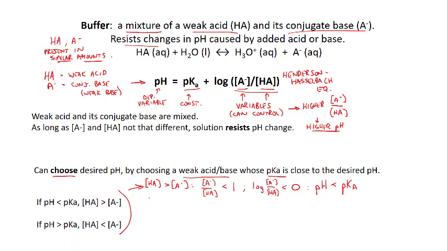And vice versa, if your conjugate acid concentration is less than your conjugate base concentration, then everything is reversed and the pH is going to be above your pKa.